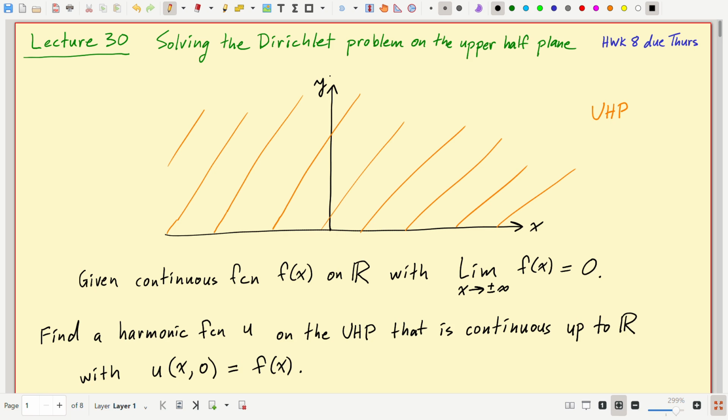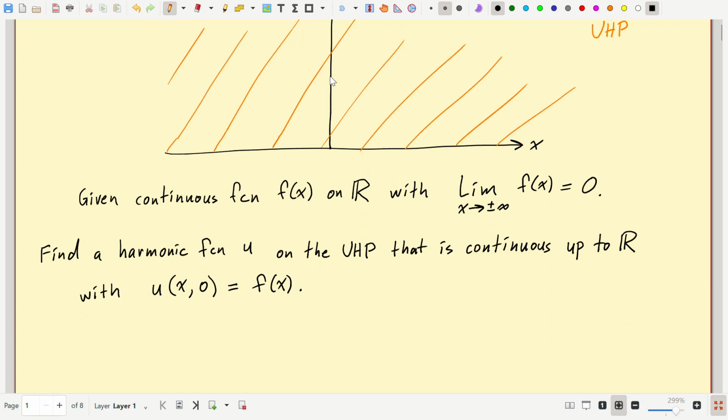And I'm going to assume that there's a finite amount of energy involved, or at least not something that goes off and gets super hot. So I'm going to assume that the temperature along the real line goes to zero at either plus infinity or minus infinity. So there's not too much heat energy involved, especially when you're going way out.